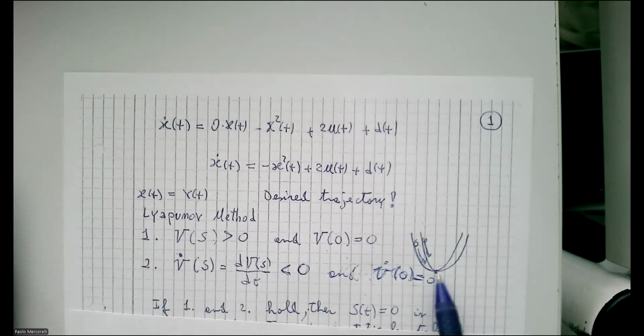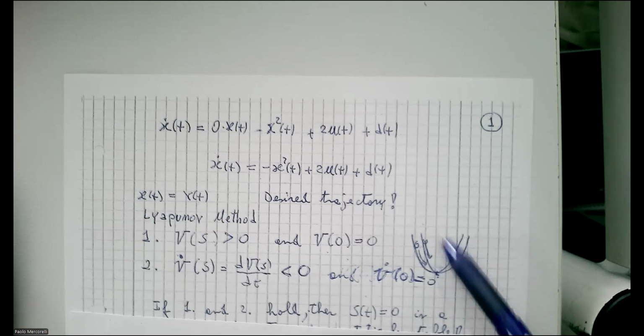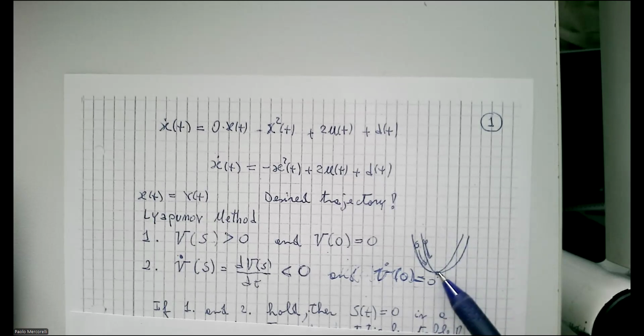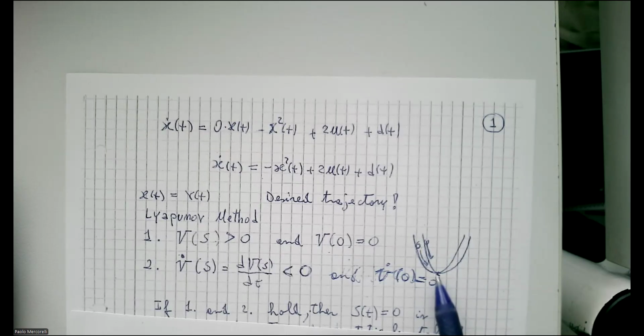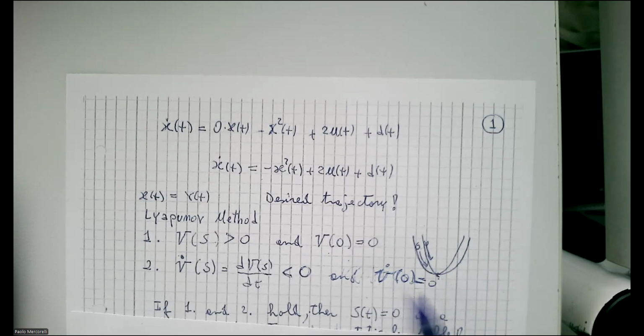At this point here, we can figure out, we can center somehow this curve at zero, and the derivative of this curve at this point is zero. This means that this point here is an equilibrium point.